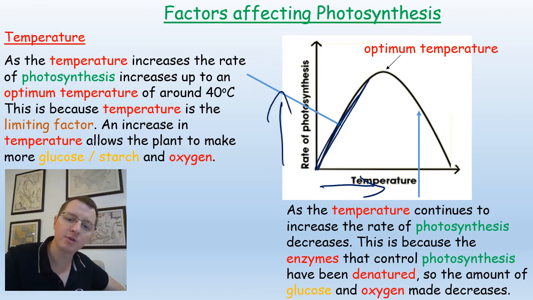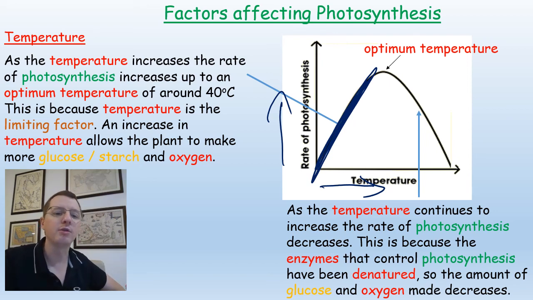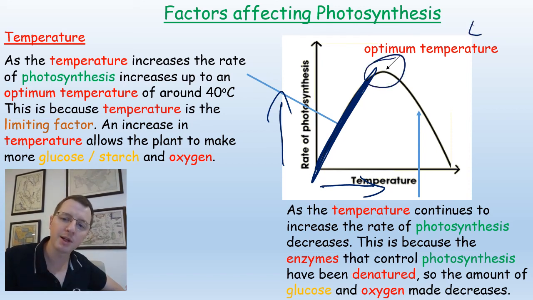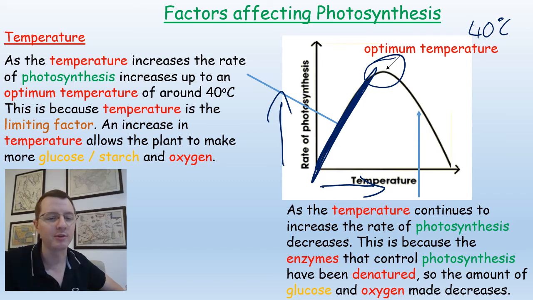In this first section of the graph, as the temperature increases, the rate of photosynthesis increases up to an optimum temperature. Now that optimum temperature is typically around 40 degrees C for most plants, particularly plants that live in temperate zones of the Earth. And this is because temperature is our limiting factor.